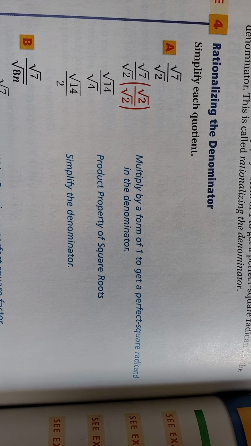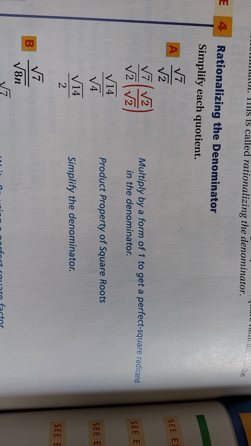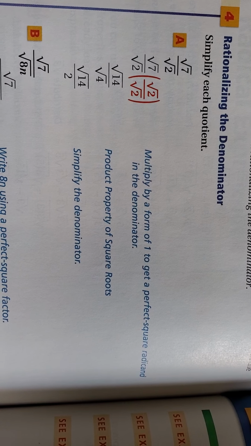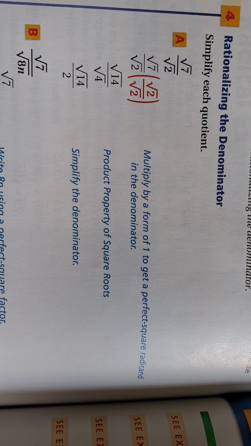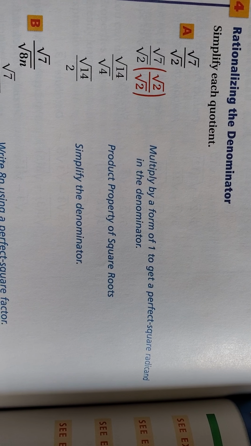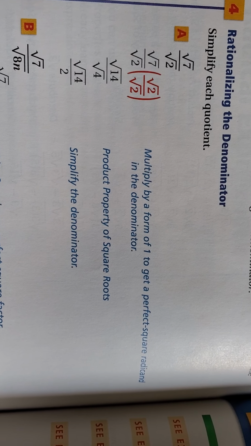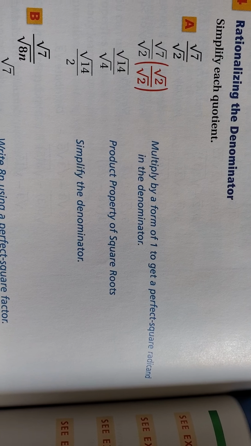So if you take the square root of 7 divided by the square root of 2 and multiply by what is in red, which is the square root of 2 over the square root of 2, that's going to help us get rid of the radical in the denominator. The explanation says to multiply by a form of 1. We're always allowed to multiply by 1, and the square root of 2 divided by the square root of 2 is equal to 1, so we're allowed to do that.